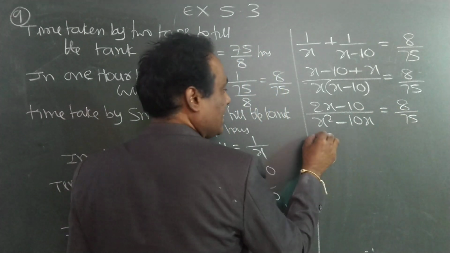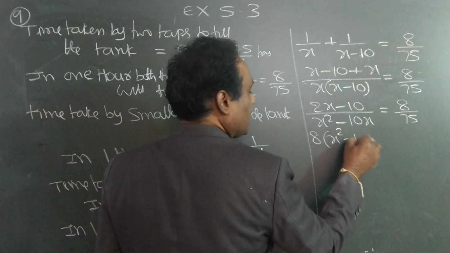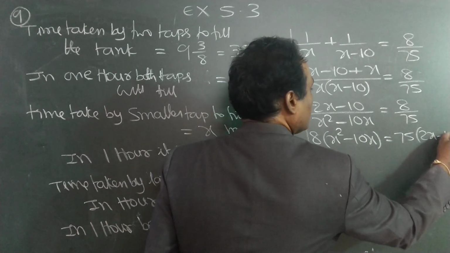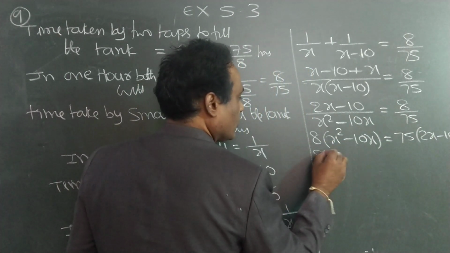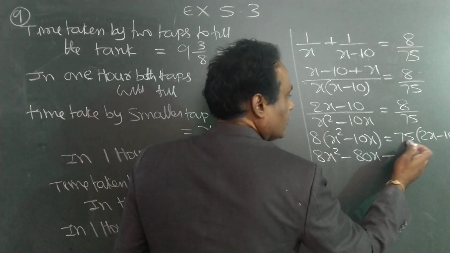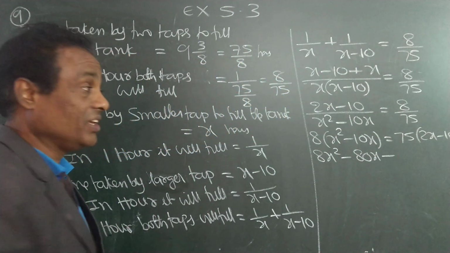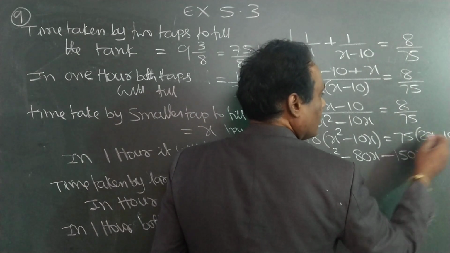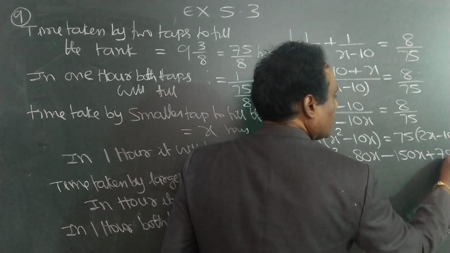Cross multiply. 8 into x square minus 10x is equal to 75 into 2x minus 10. 8x square minus 80x. 75 into 2 is 150, so 150x this side, minus 150x. Minus 750 this side, plus 750.